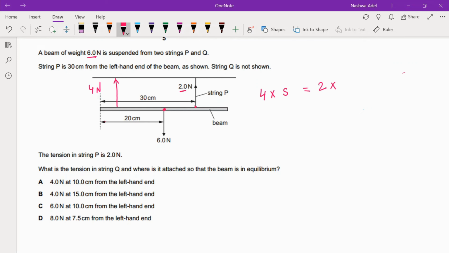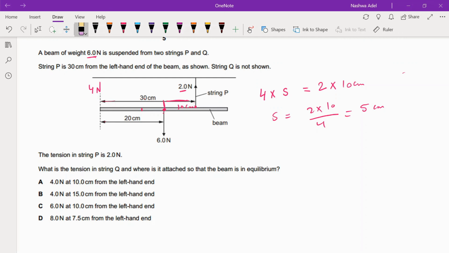Since the total distance is 30, this one is 10 centimeter. So the distance is 2 times 10 divided by 4. We get 5 centimeter away from the center of mass. So the position of Q should be 5 centimeter away from the center of mass.